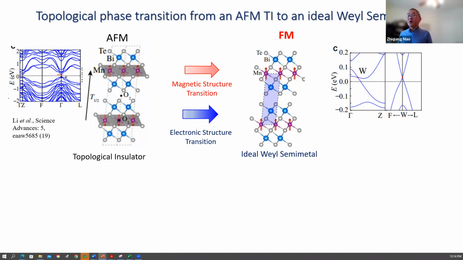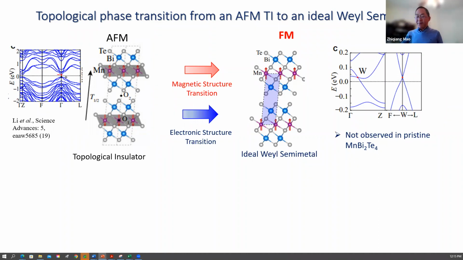In the antiferromagnetic state, it is a topological insulator as I just described, but in the ferromagnetic state, the ferromagnetic exchange interaction will cause band splitting and crossing, forming a type II Weyl state as shown here. So we would expect such a topological phase transition driven by magnetic field.